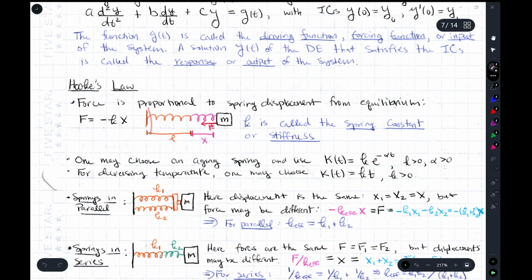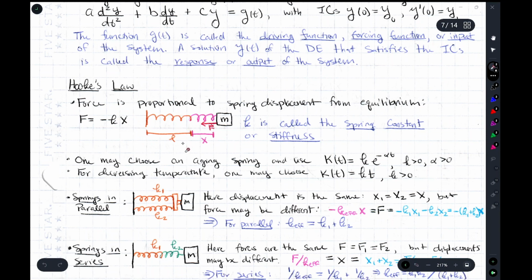If a spring has a natural length of lowercase l, so if we put the mass right there, at the natural length of the spring, you won't get any force, and the system will just stay there. That's where we call x equals 0.